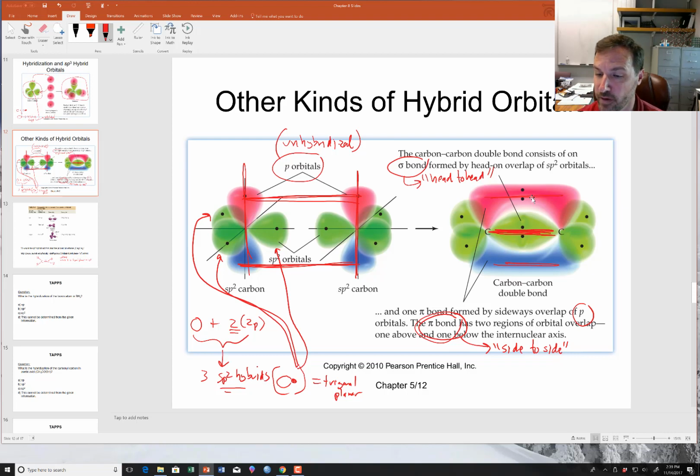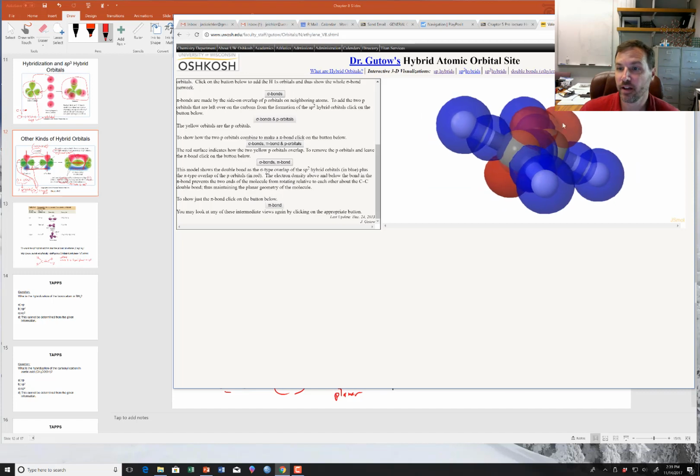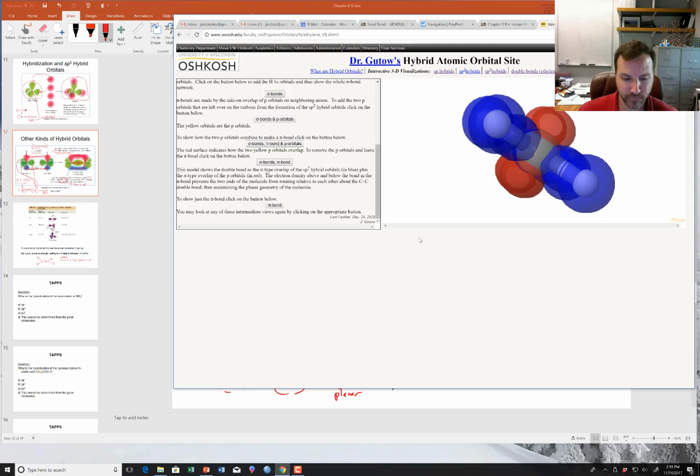And so notice the first part of the bond has 2 electrons, and the pi bond also has 2 electrons. So even though the pi bond looks like it's in 2 different places, this is technically one lobe of electron density that has just the 2 electrons in it, which you can hopefully see here on the visualizer.